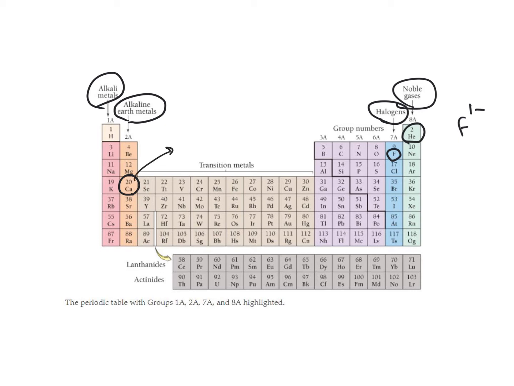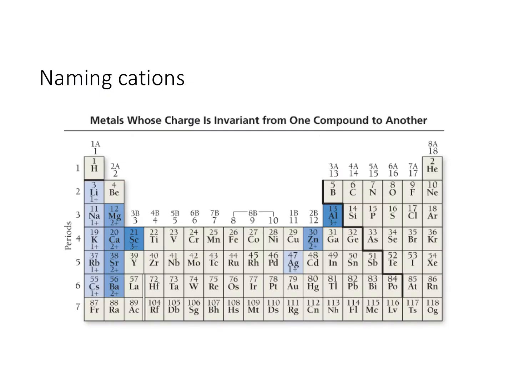+2, right? Or 2 plus, because it's in group 2A, and it wants to lose 2 electrons. So make sure to know them. And also, this table, or like this graph, the elements that are highlighted in blue, I expect you to know, especially group 1A, that they have like charge.